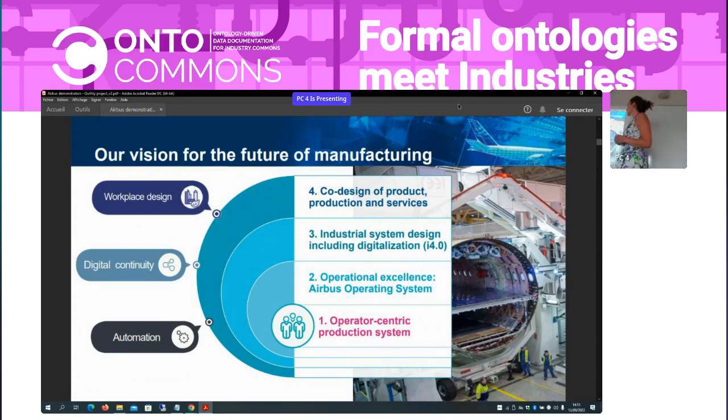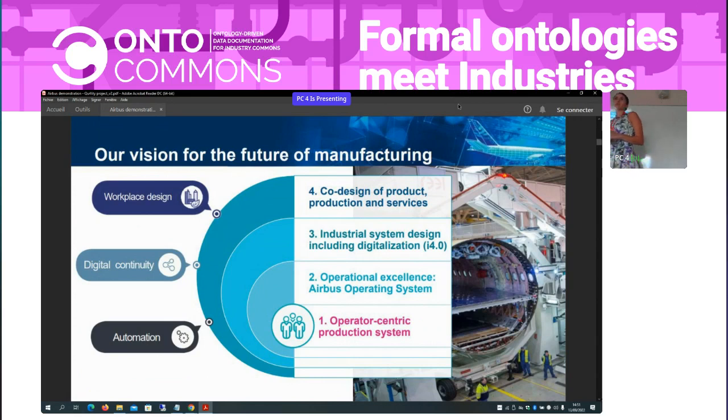So in order to do that, we have 3 main streams of activity. First, workplace design: the design of the workplace around the operator and improving all of our processes, so the workspaces are more suitable to bring more excellence.